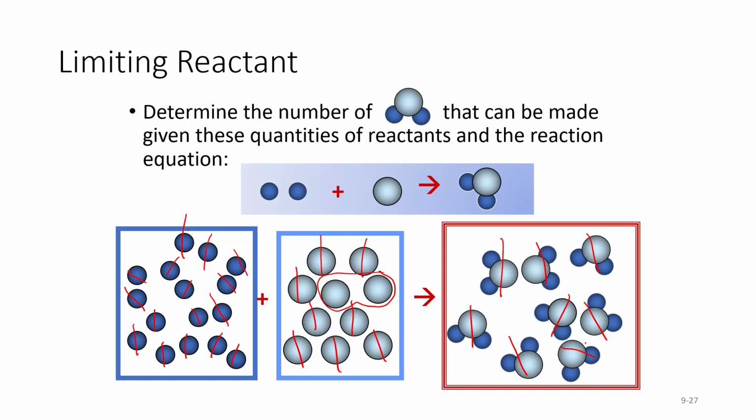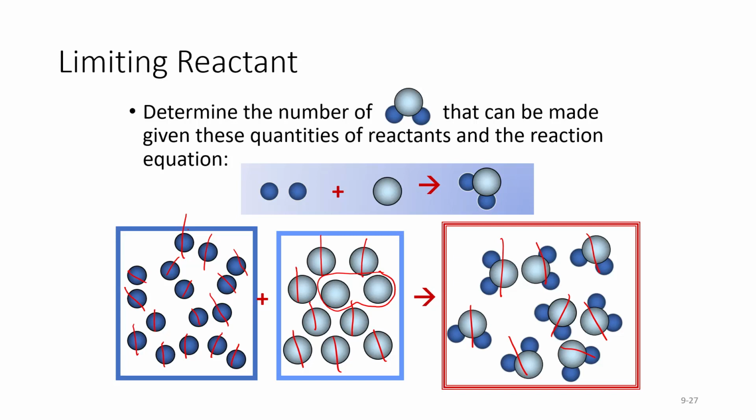We have created all of the product that we possibly can because we don't have any more of these to add. So if we assume that these are hydrogens and these are oxygens and that's water, in this example we ran out of hydrogen, so we can't make any more water. We still have oxygen left over, but regardless, we can't make any more water because we ran out of hydrogen.